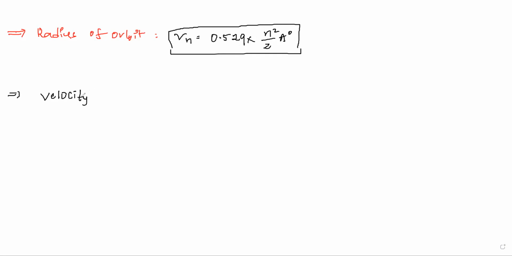What is its formula? The velocity of an electron, V equals 2.188 into 10 to the power of 6 Z by n meters per second, or 10 to the power of 8 centimeters per second. Okay, and this is velocity.